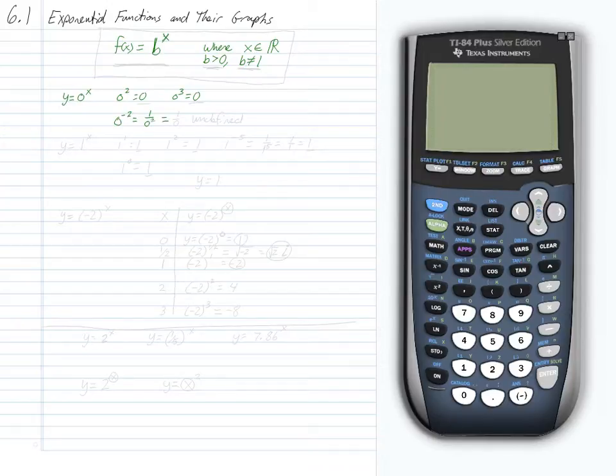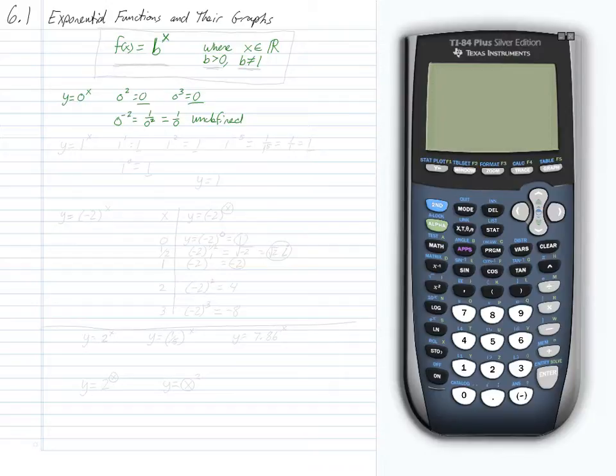I recommend you review those if this trick was out of left field. Well, that's 1 over 0, which is undefined. So a bunch of weird stuff happens with this function. Most of the time it evaluates to 0, and some of the time it's undefined. So we exclude the possibility that b, the base of the exponential function, is 0.